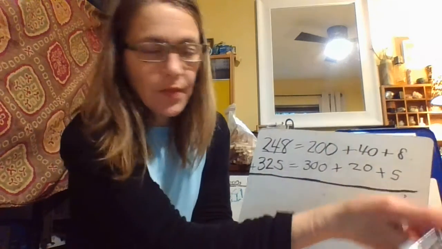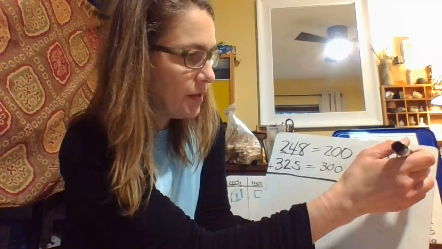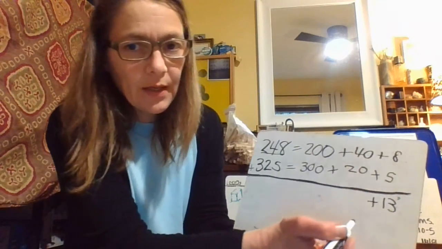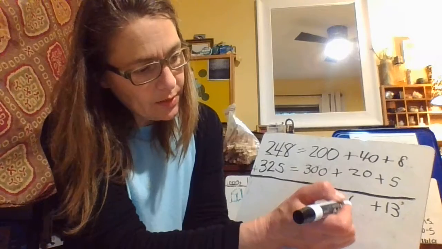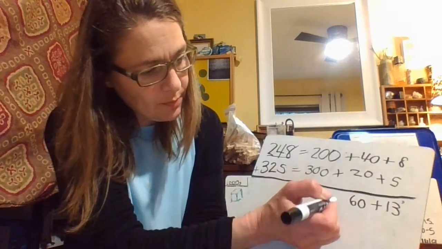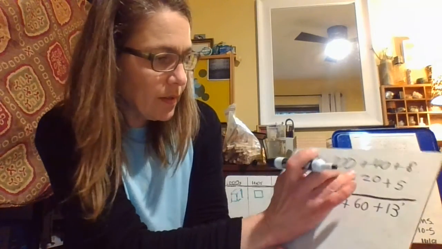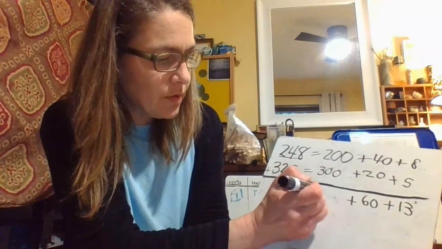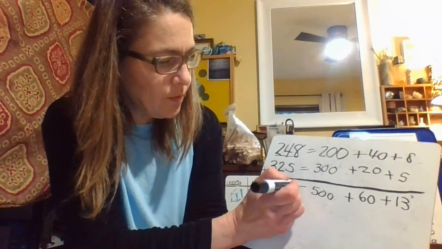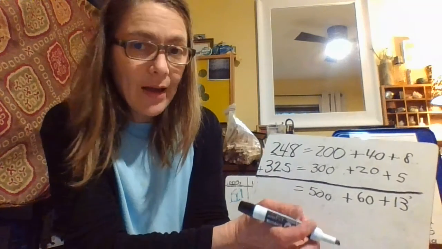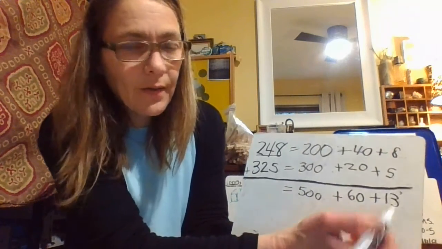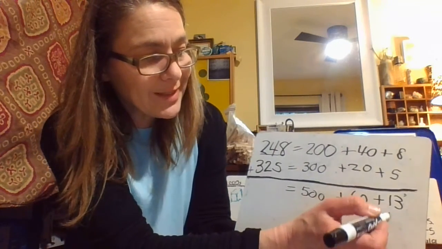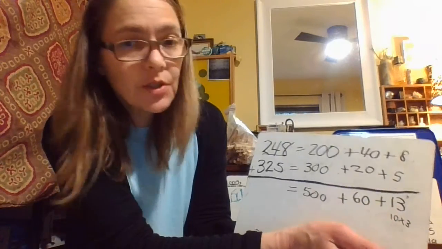Okay, and you start on the right, and it's 8 plus 5, and that makes 13. You bring down the plus sign. 40 plus 20 makes 60, and you bring down the plus sign, and line those up very well. And then 200 plus 300 is 500, and you bring that down, you bring down your equals, and then you add it. And here I see I have to make an exchange, because this is really 10 plus 3 now, because it's a two-digit number.